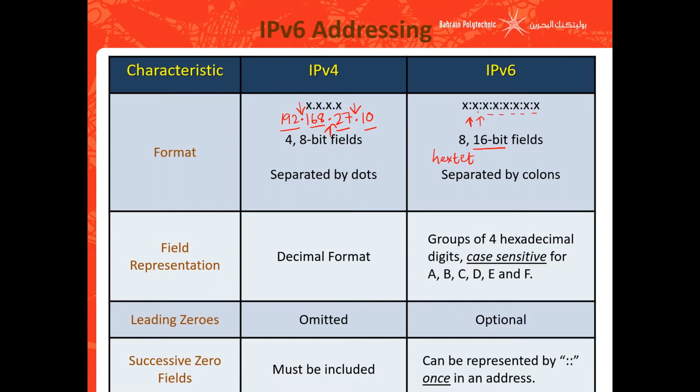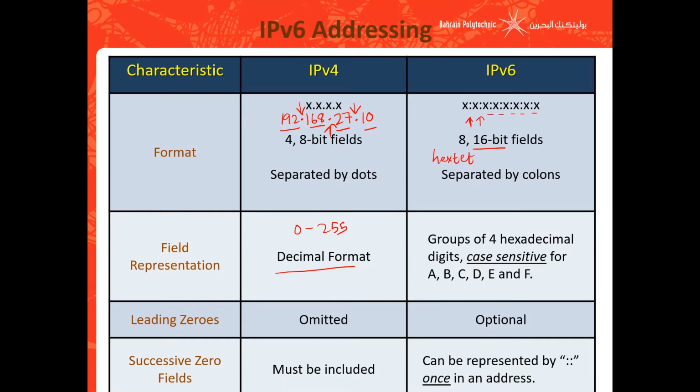And the remaining are just the converted numbers. Now in IPv4, you had decimal format, so you would convert from binary and get a decimal number, usually between 0 and 255. That was our range. We couldn't have 256, right?